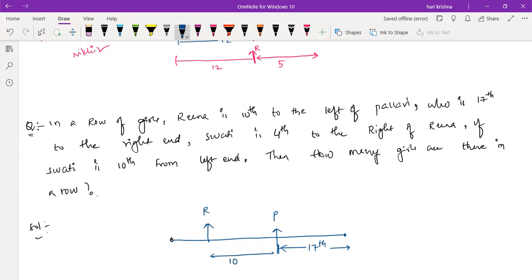Understand up to this, the right hand part? Next one. Swati, who is 4th to the right of Reena. Swati is to the right of Reena, so from here, in between, Swati is there. How much? It is 4.